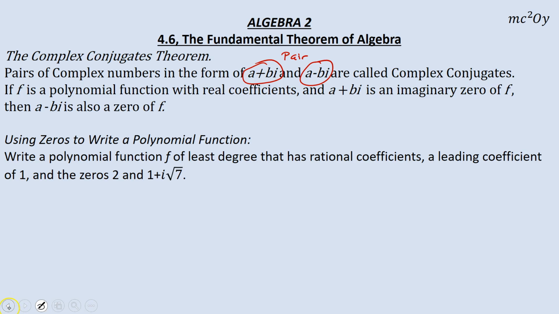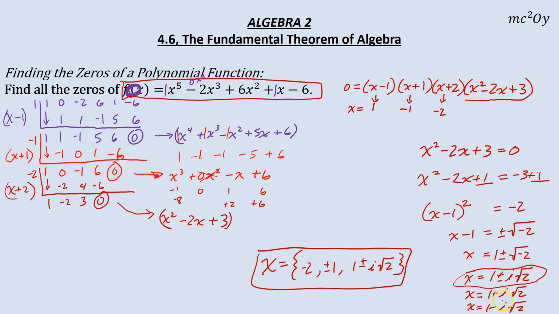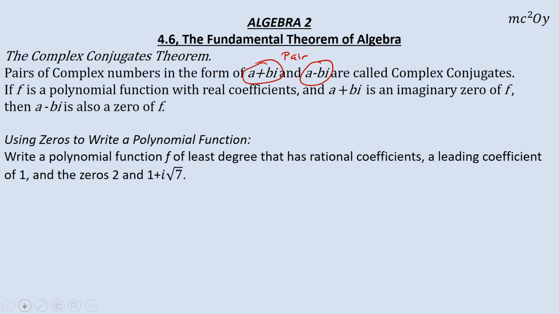And notice we just had that down here: here's our a plus bi, b being the root 2 and i, and a minus bi. Whenever you have one of them as a solution, the other one comes along with it. They're always together. They're a package deal. That's called the complex conjugates theorem.